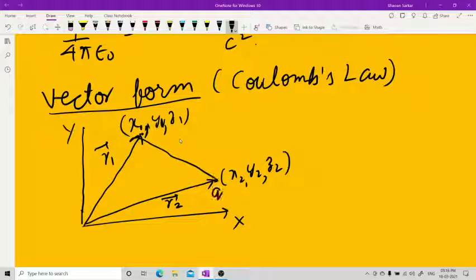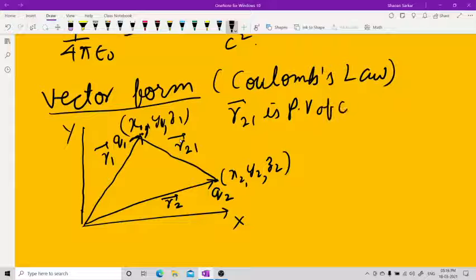This is the charge q2, and this is the charge q1. Then r21 is the position vector of charge q2 with respect to q1.